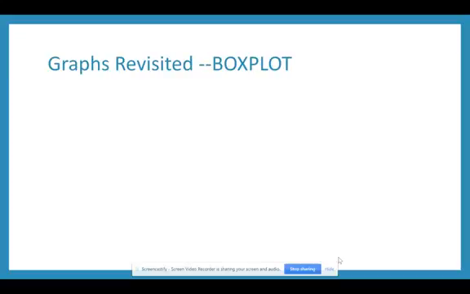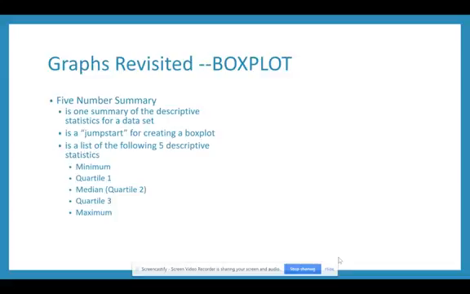The box plot is actually a summary of the 5-number summary of the descriptive statistics, and it's really the jump start for creating a box plot. The 5-number summary consists of the minimum value of the data set, quartile 1, the median, which is also called quartile 2, quartile 3, and the maximum.